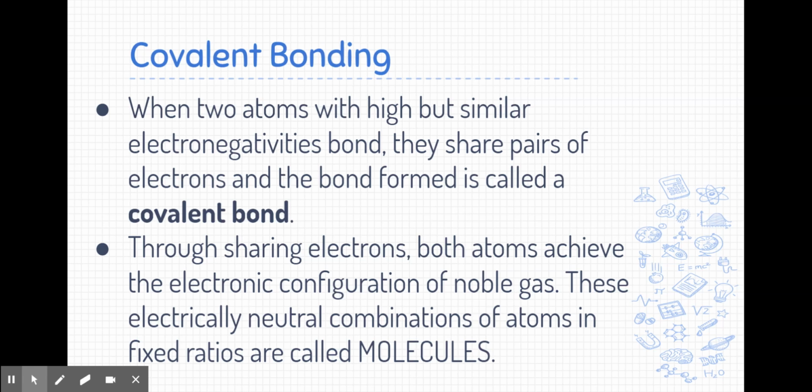Because no electrons are being transferred, there are no ions being formed. When several atoms combine through covalent bonding to reach noble gas configurations, these combinations of atoms are called molecules.